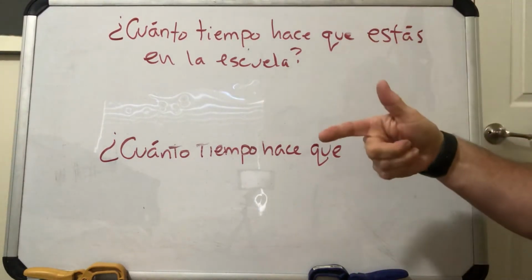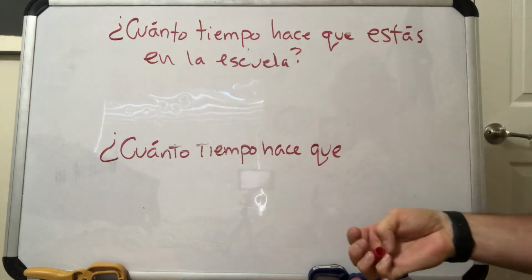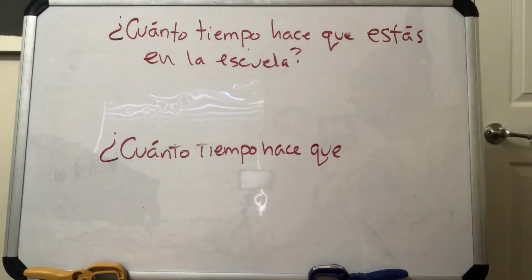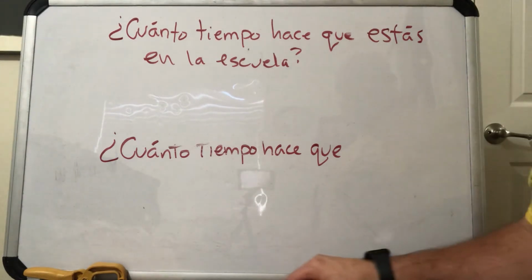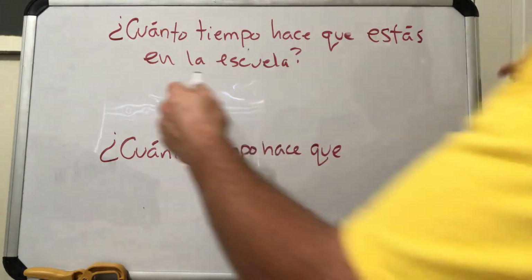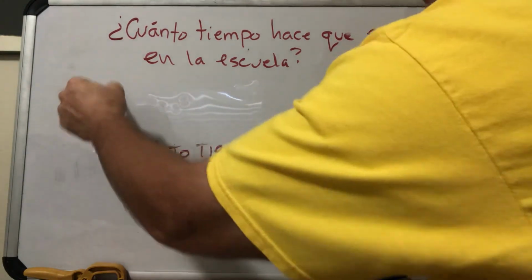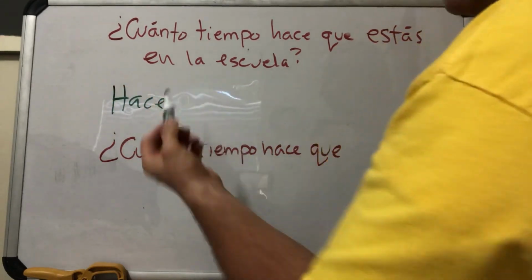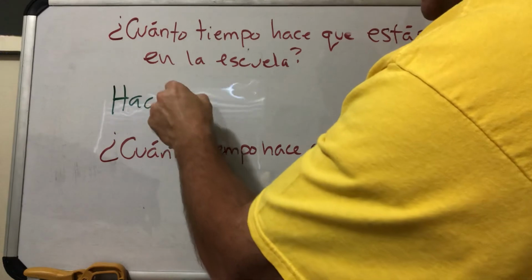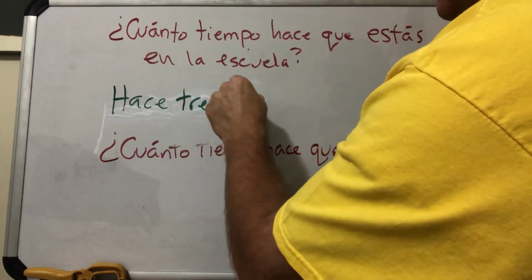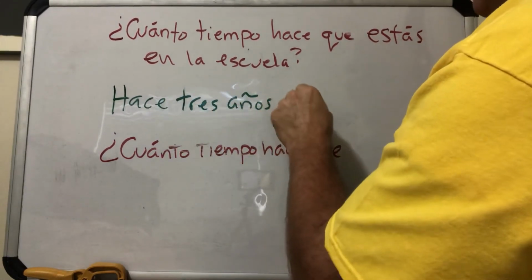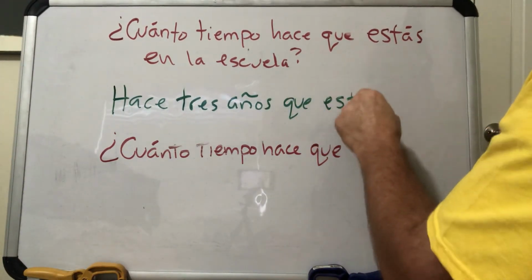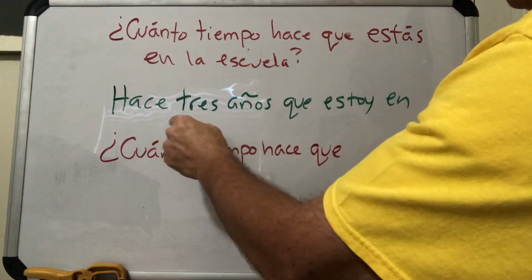So whoever you're asking is in school right now, and you want to know how long they've been in school, either how many years, or how many days we've been in summer school so far. Remember, whether we're answering this one or this one, we're going to start off with hace. And then let's just do how long we've been in high school. So we'll say 3 años. Now we just use the same verb and keep it in the present tense. Estoy en la escuela.